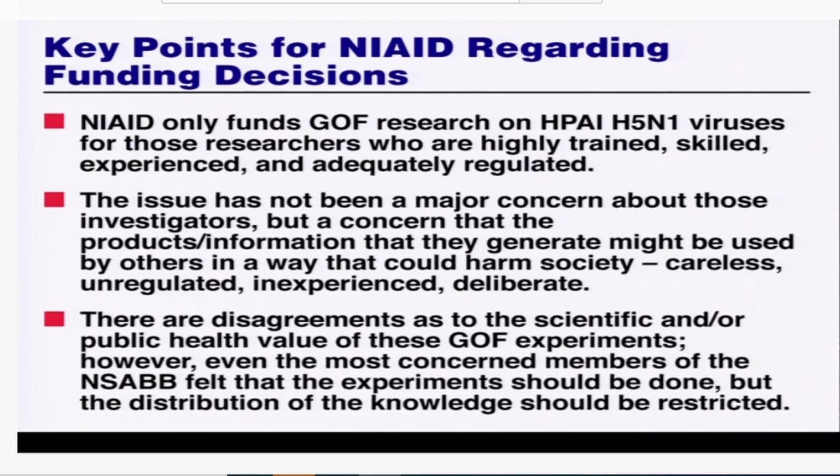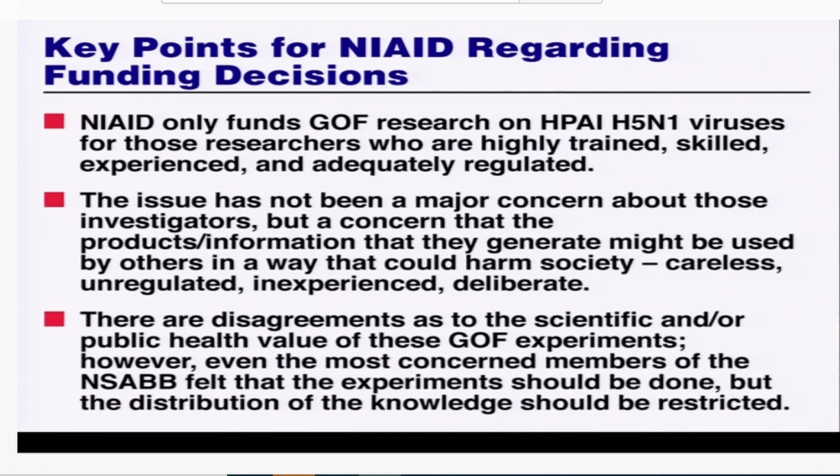Now, I want to close on these last 2 slides because I believe it's important that you keep this in consideration. First of all, questions have come up about the concern of the danger of people that you fund.